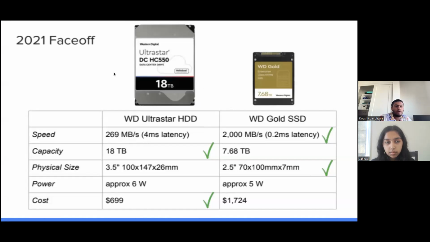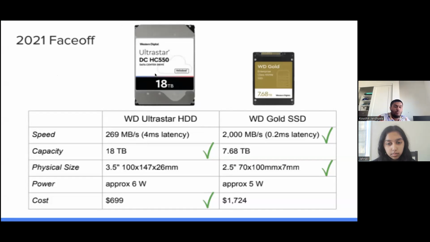So here is a graph or a table showing the differences between an SSD and a hard drive. Speed, or throughput, basically means how many megabytes per second it can put out.